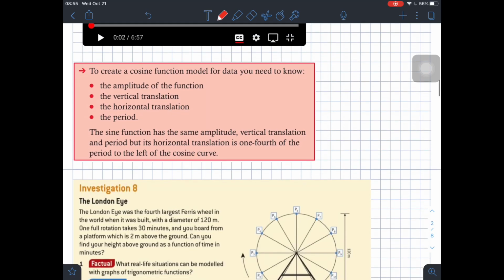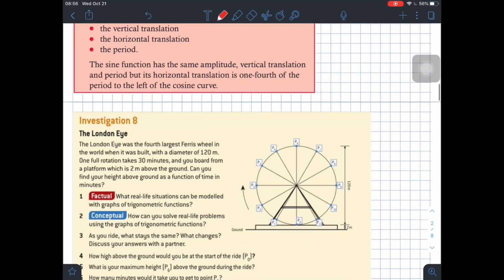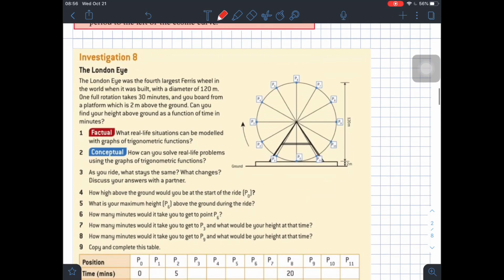Okay, so all of this amplitude, vertical translation, and period are all the same for sine and cosine function. The only thing that changes when you're modeling with either sine or cosine is the horizontal translation. So that varies depending on the function you pick.